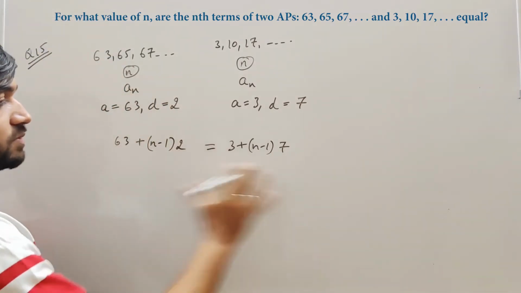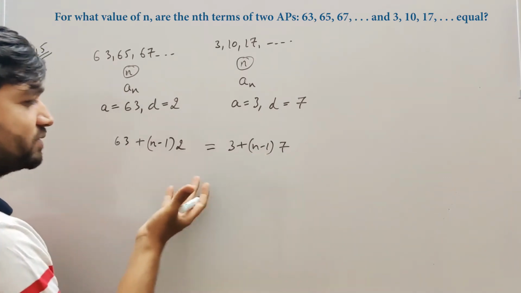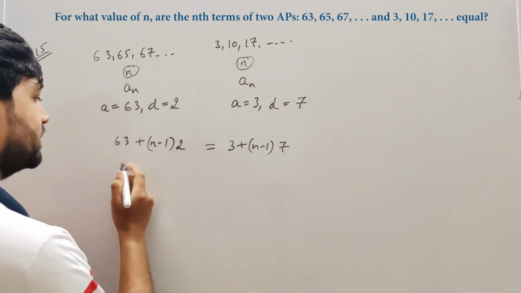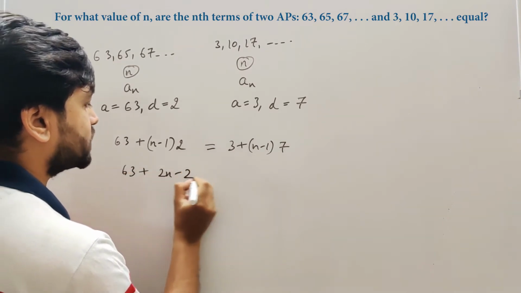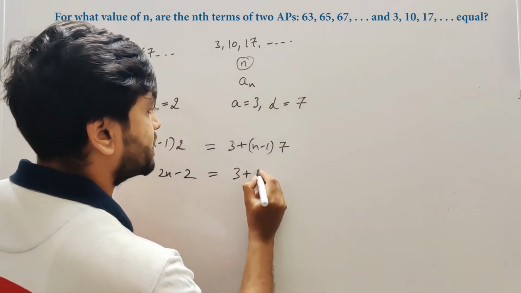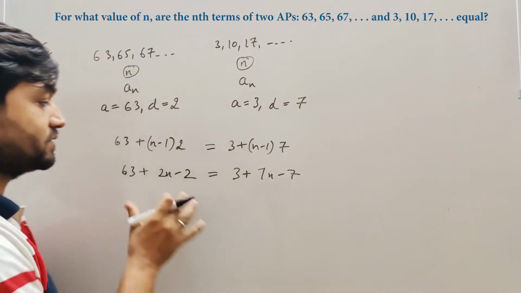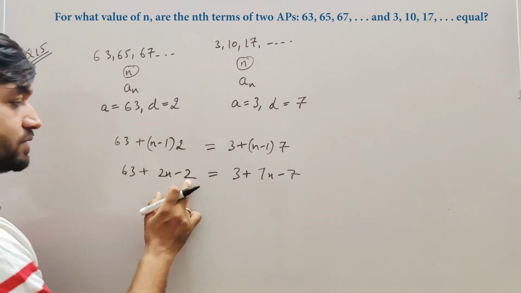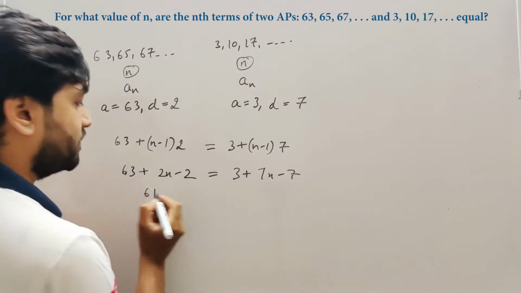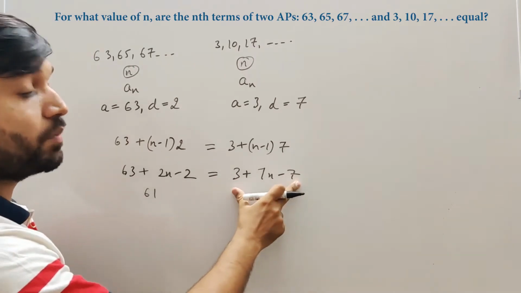Alright, so we just need to simplify this equation now. We'll open the brackets and multiply. So 63 plus 2n minus 2 is equal to 3 plus 7n minus 7. I'll solve the constants and bring the variable to the other side. 63 minus 2 is 61, and 3 minus 7 is minus 4.